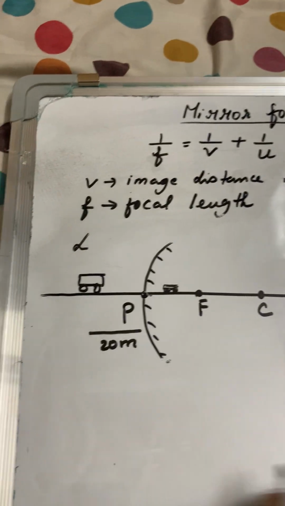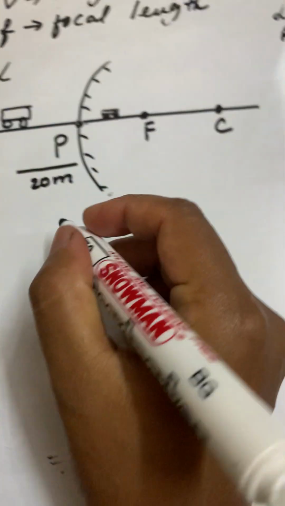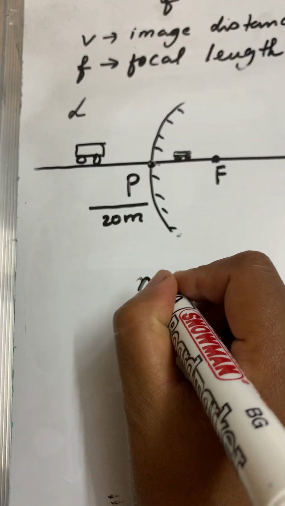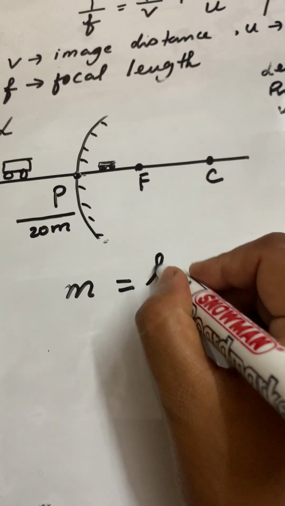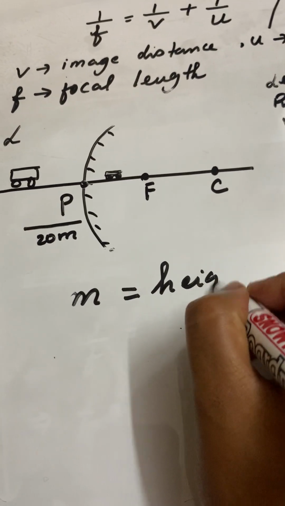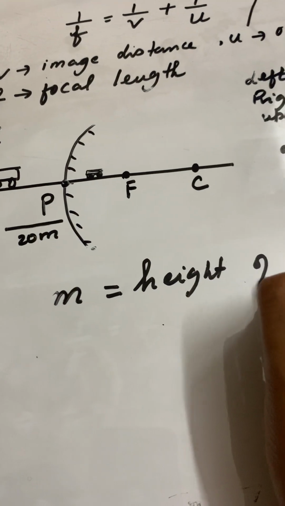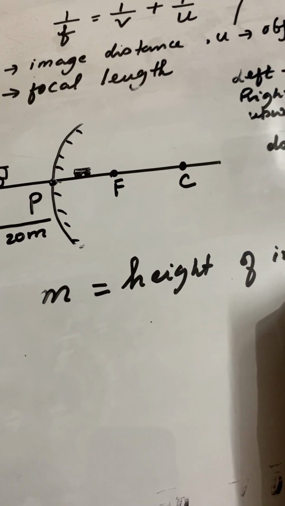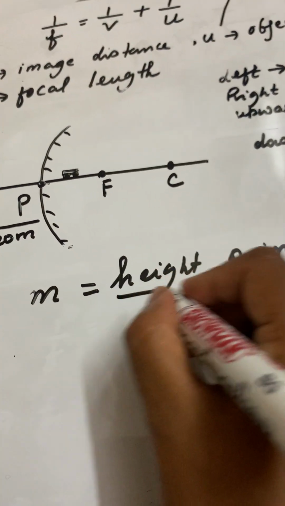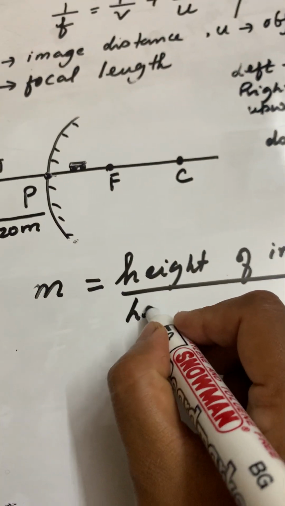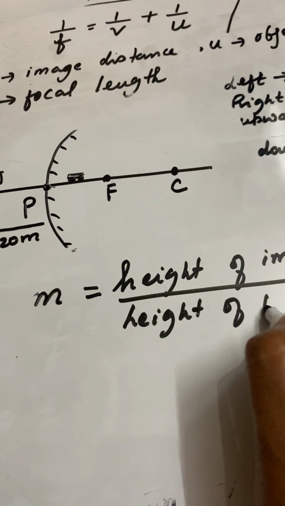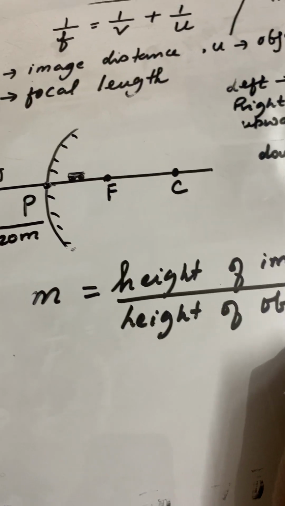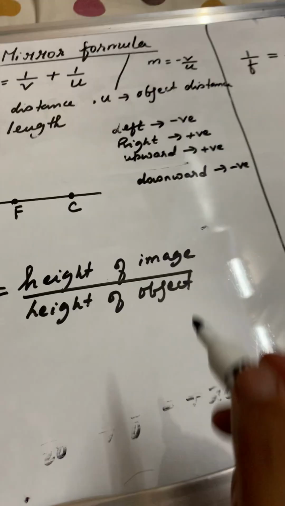Now by definition, magnification is the height of the image divided by, compared with, the height of the object, right?